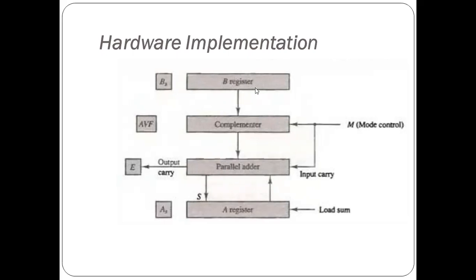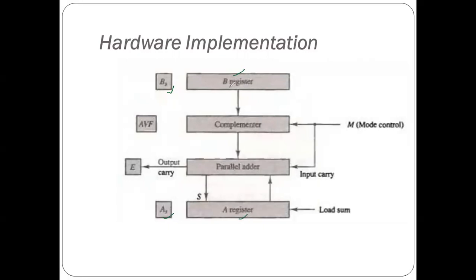So BS is a flip-flop for storing the sign of B, and the B register stores the magnitude of the second number. AS is a flip-flop for storing the sign of the first number. The A register is n minus 1 bit width for storing the magnitude of the first number.